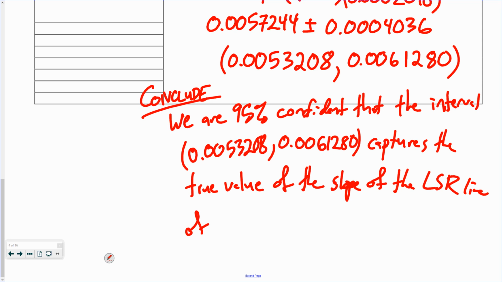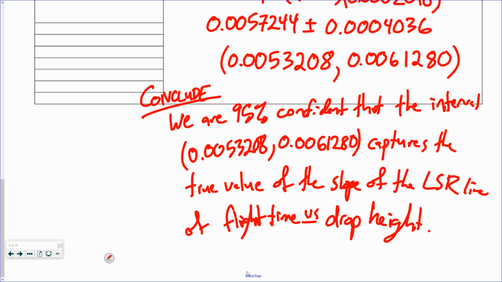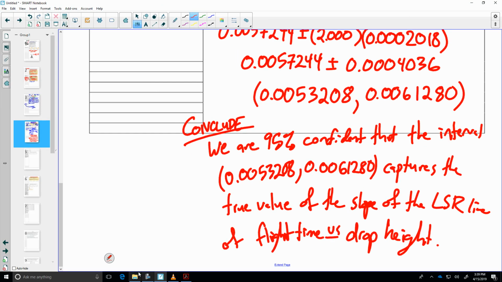Make sure we have some context in there, as always. Flight time versus drop height. Same sort of interpretations we've always used. Shouldn't change there.